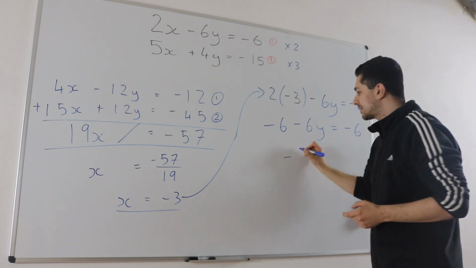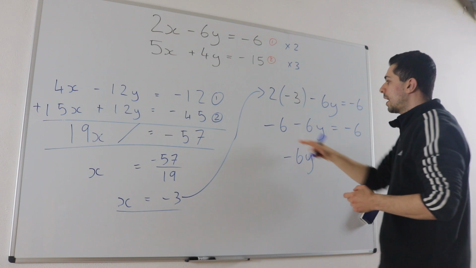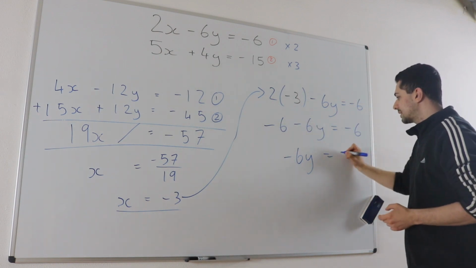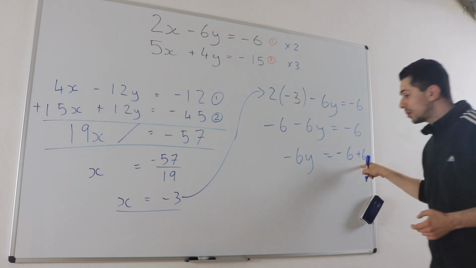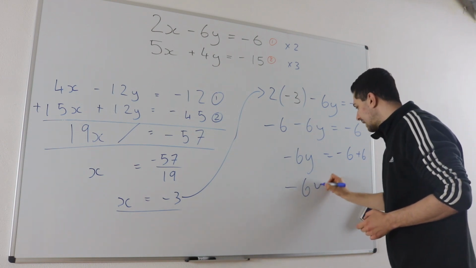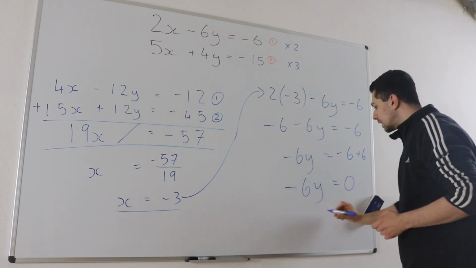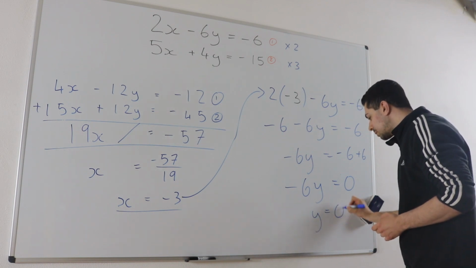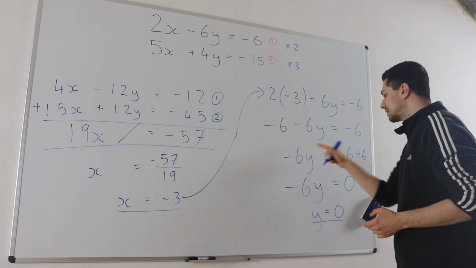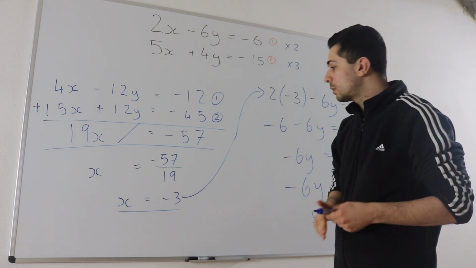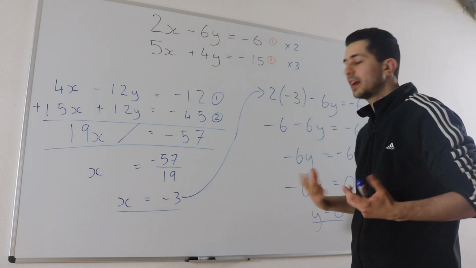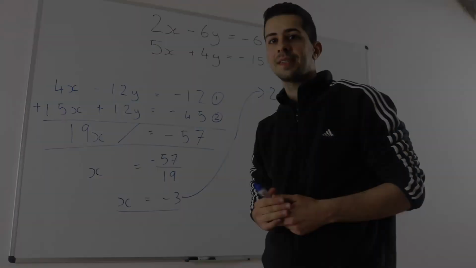So, minus 6y equals minus 6 becomes plus 6. So, minus 6 plus 6, which gives us 0. So, minus 6y equals 0. So, y has to be 0, because minus 6 times 0 makes 0. So like this, I have found both x and y and therefore solved the simultaneous equation.